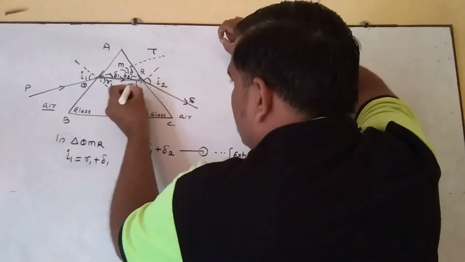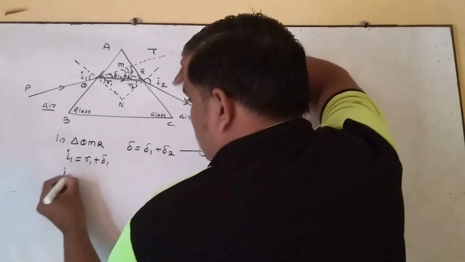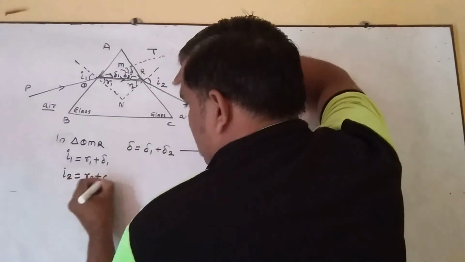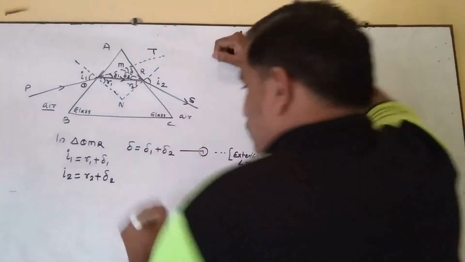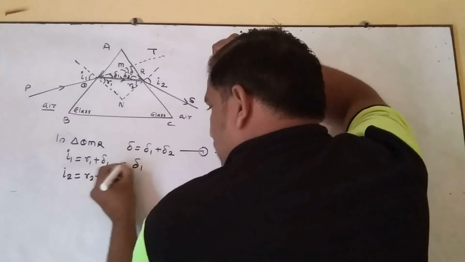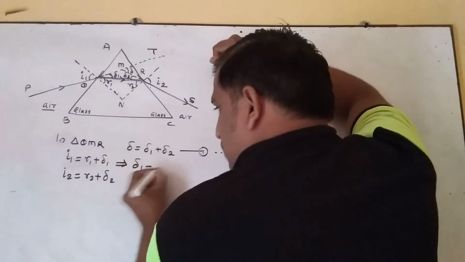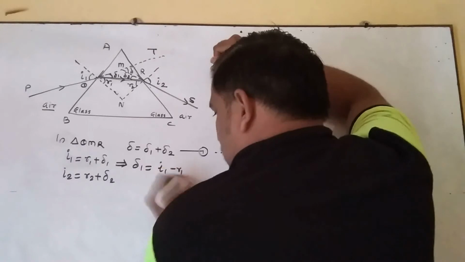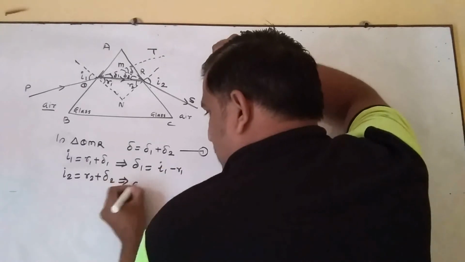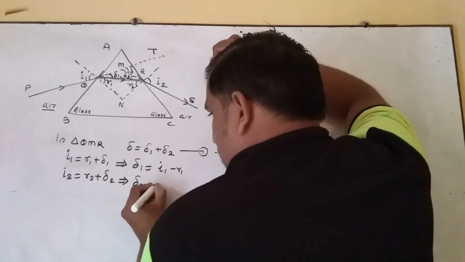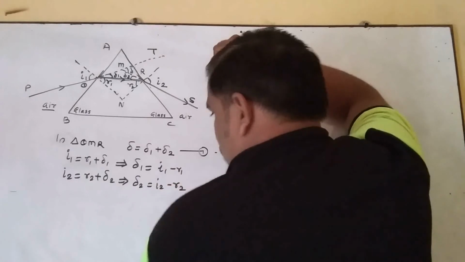Similarly, here I got I2 as R2 plus delta 2. So the value of delta 1 by this equation I got as I1 minus R1, and the value for delta 2 I got as I2 minus R2.